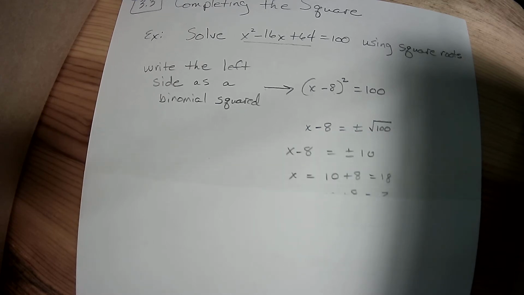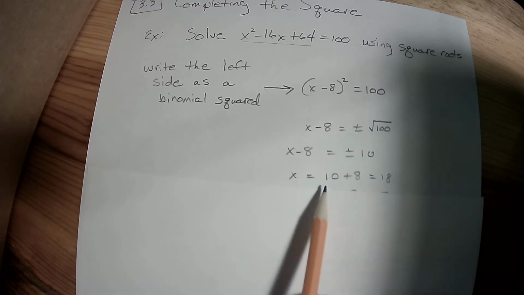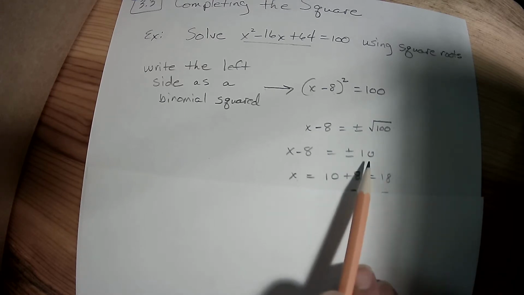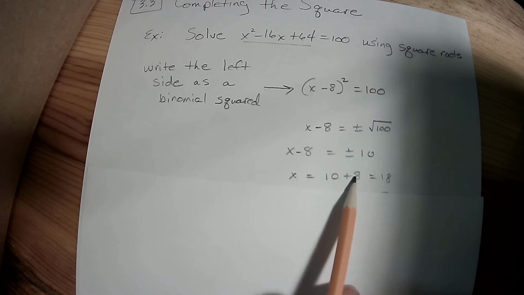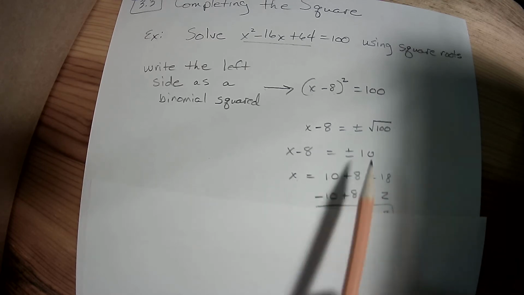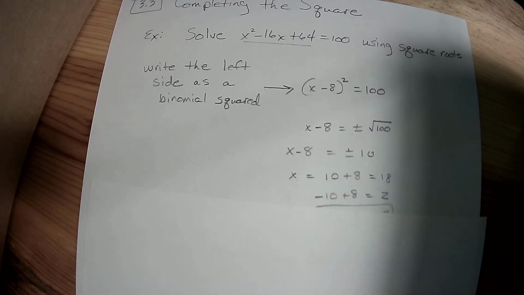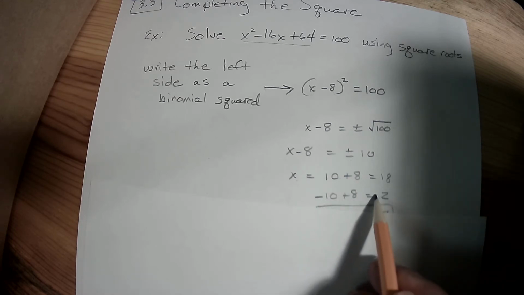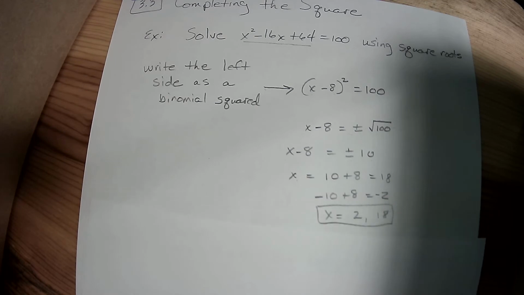And adding 8 to both sides, we're going to get x equals either positive 10 plus 8, which is 18, or negative 10 plus 8, which is negative 2. So the answers are negative 2 and positive 18.